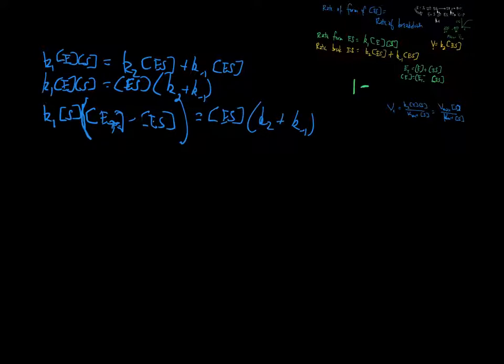So I'm trying not to skip any steps whatsoever. I'm going to change colors so that it's easier for me to tell. I'm doing K1S times ET minus K1S ES is equal to ES.